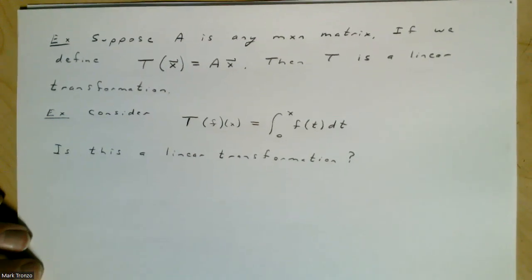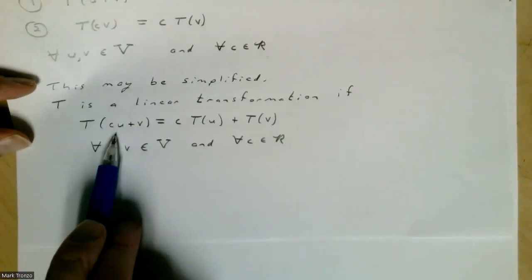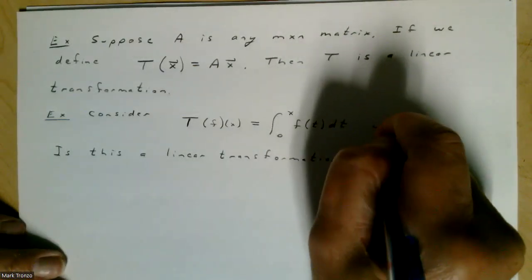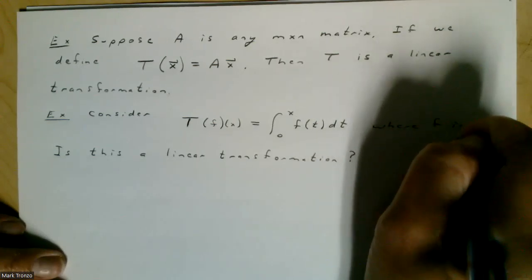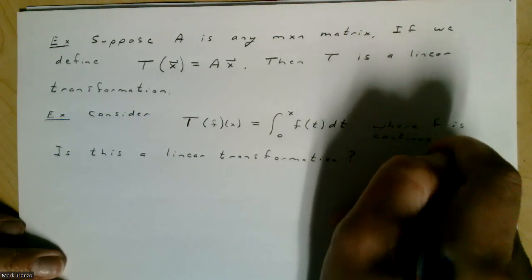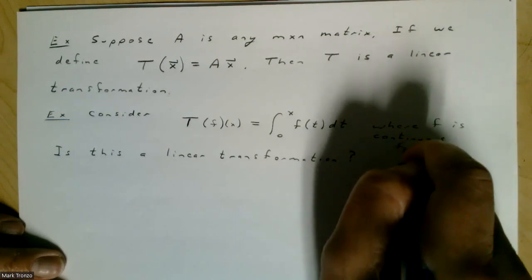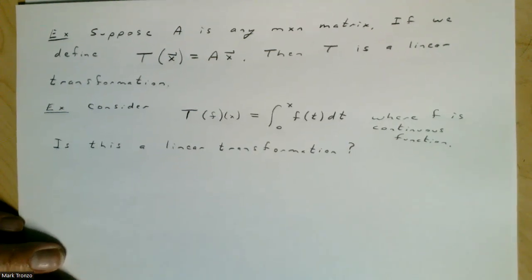And so let's test it. Let's test using that second test that we had up here. We're going to put in a cu plus v. And I should say, again, in this one f is a continuous function. Let me throw that in.